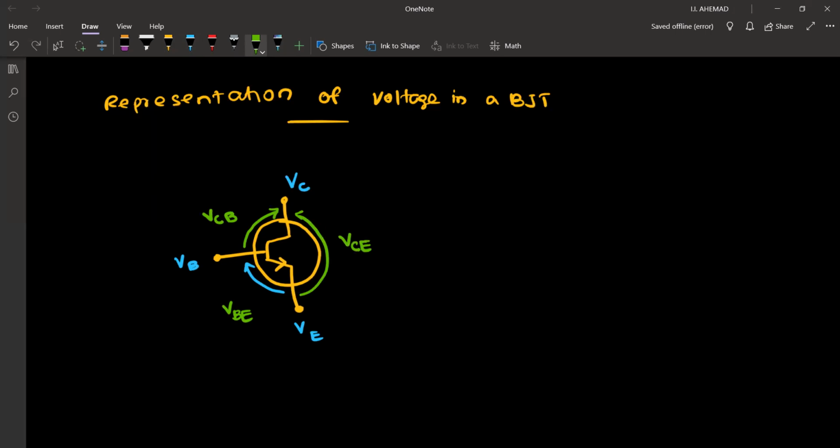So from this, we can get an idea that voltage of C with respect to E can be written as voltage of B with respect to E plus the other way, right?